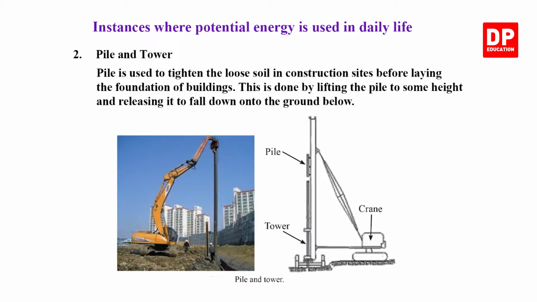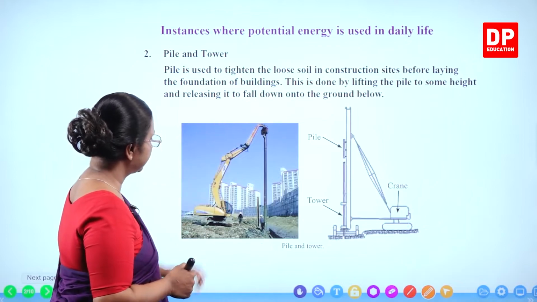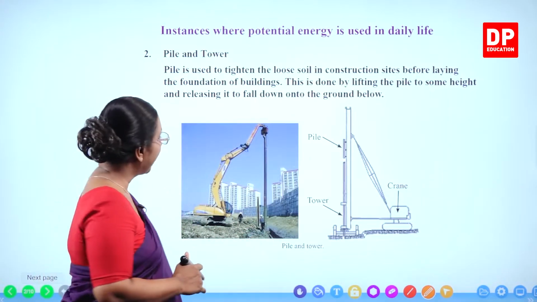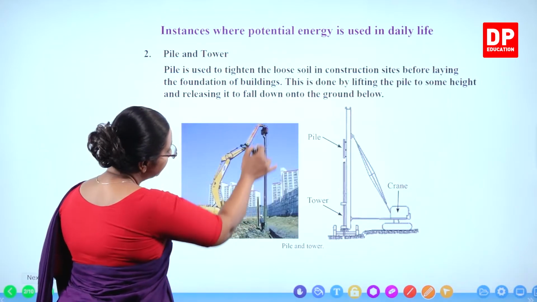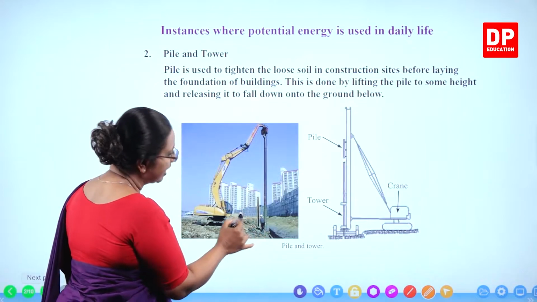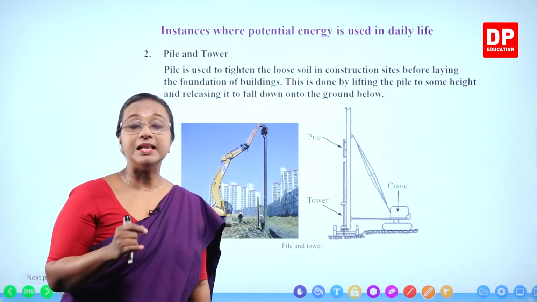Again, instances where potential energy is used in daily life. This is the second example, pile and tower. Look at the picture. You would have seen this in construction sites. Pile and the tower. Here you can see this is the pile. With that, there is a tower that is used to lift the pile up.